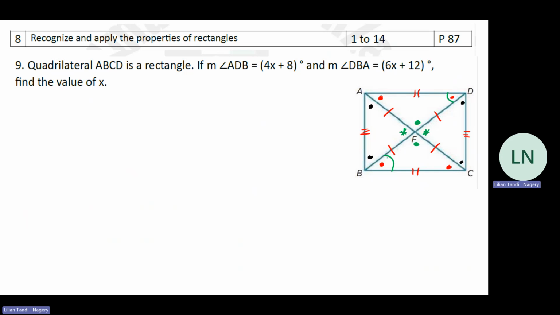No, I want DBA. What did I do? I did DBC. So I want, wait. ADB, yes, this angle right here. And I want DBA, this angle right here.